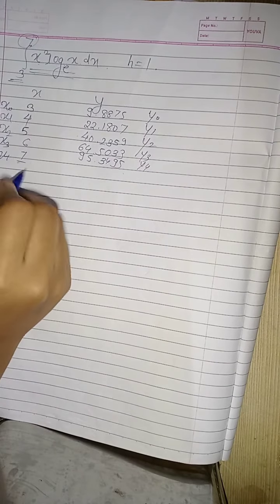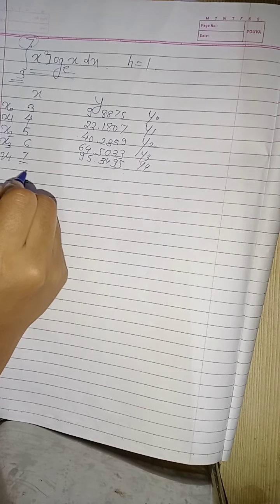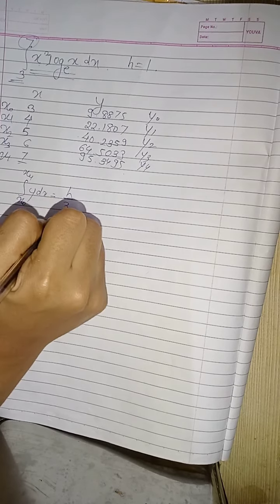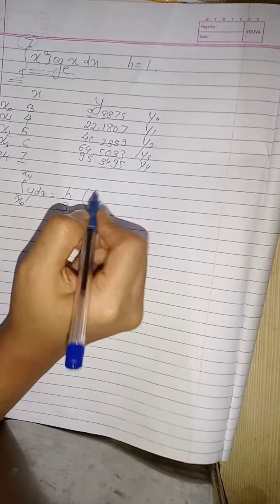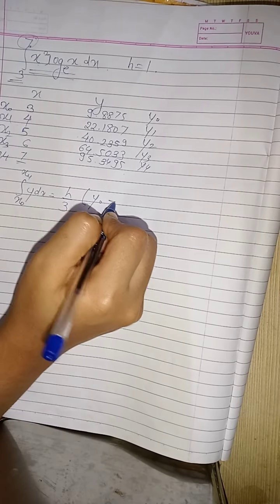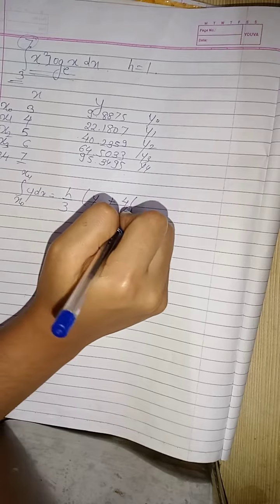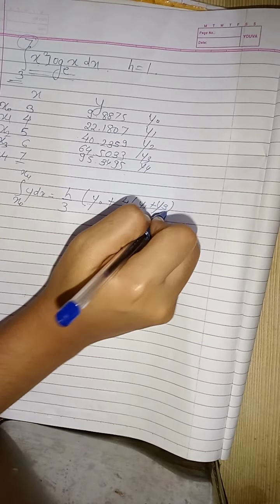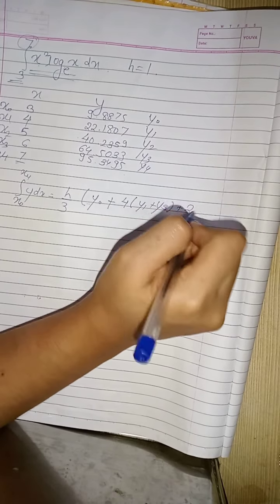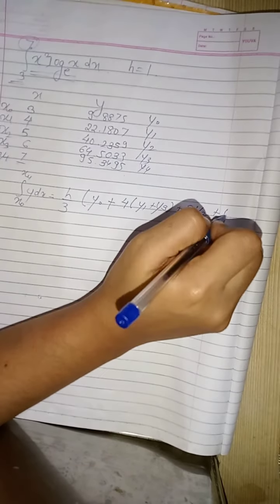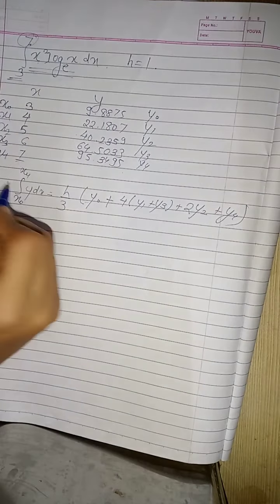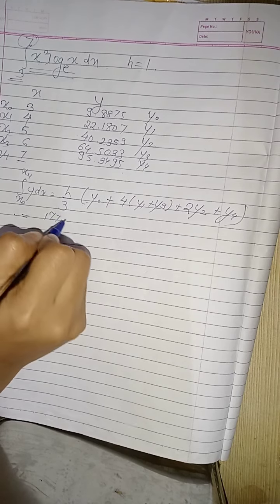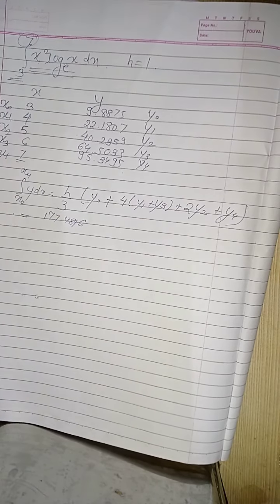And we know Simpson's rule formula is the integration from x0 to x4 of y dx equals h upon 3 times the first value y0 as it is, plus 4 times the odd terms, that is y1 plus y3, and then twice the even terms, plus the last term. So now this is nothing but 177.4816.